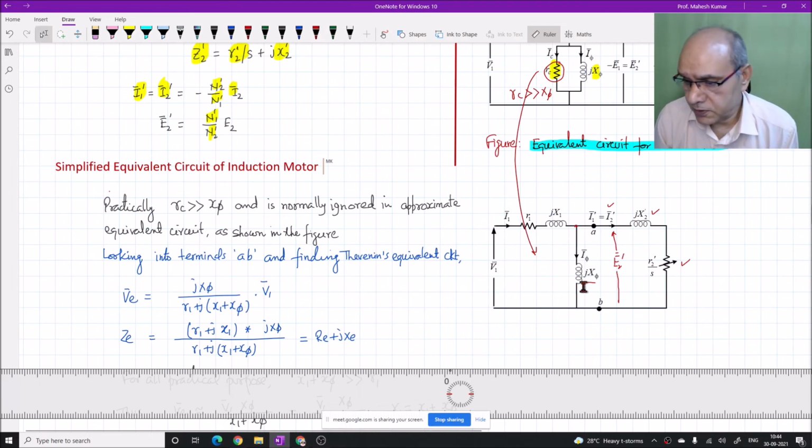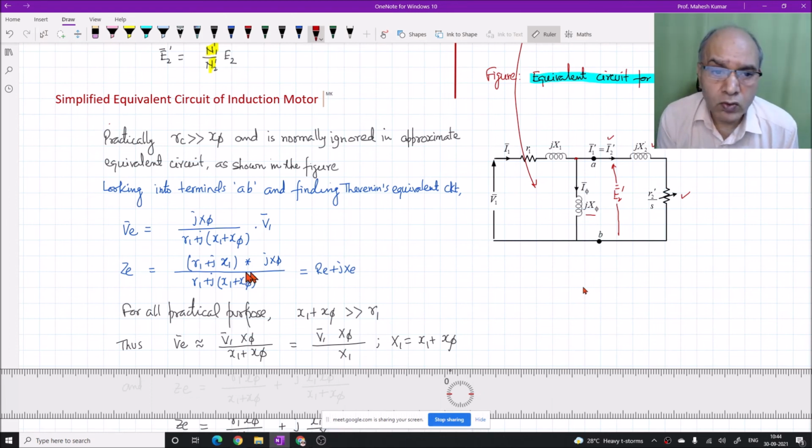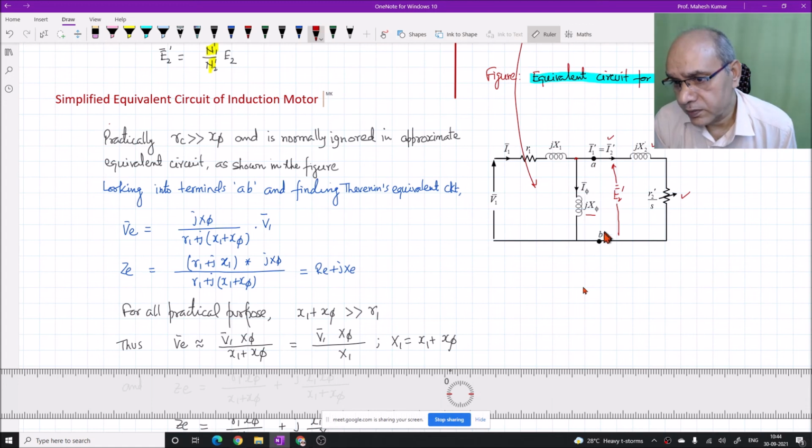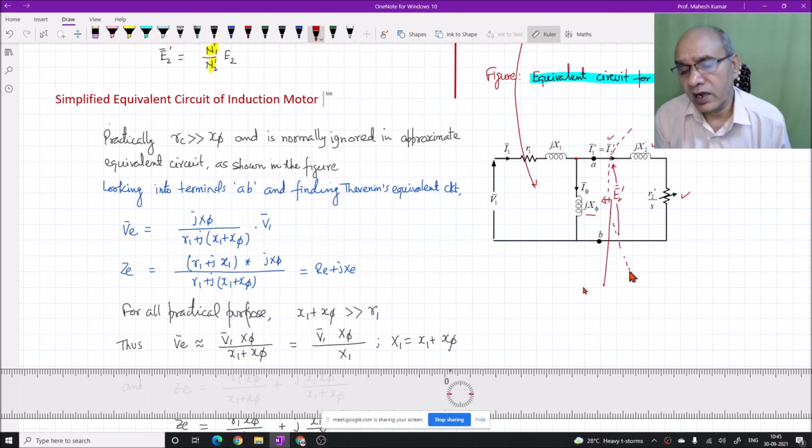So using this circuit we can simplify by looking into terminals A and B. Here we look inside these 2 points A and B and see what the circuit is, seen from these 2 terminals. This is called the Thevenin equivalent circuit. So I am looking at a Thevenin equivalent circuit looking into terminals A and B.